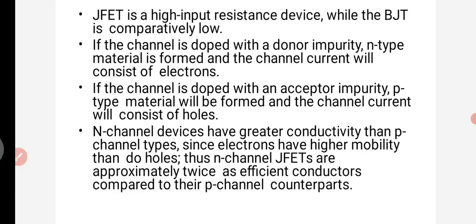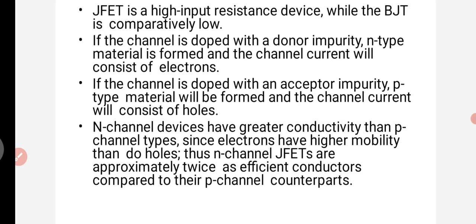These n-channel devices have greater conductivity than p-channel types, since electrons have higher mobility than holes. Thus the n-channel JFETs are approximately twice as efficient conductors compared to their p-channel counterparts.